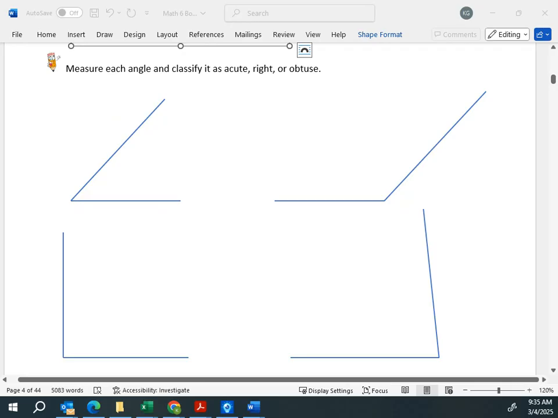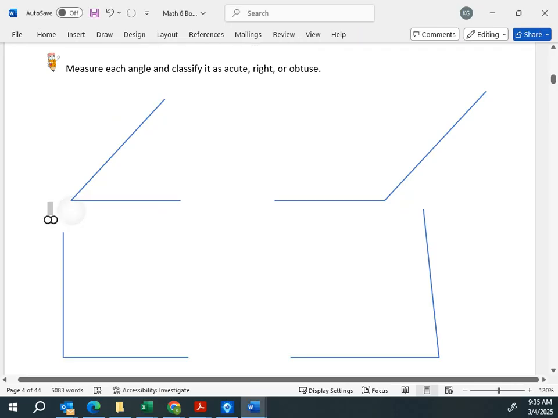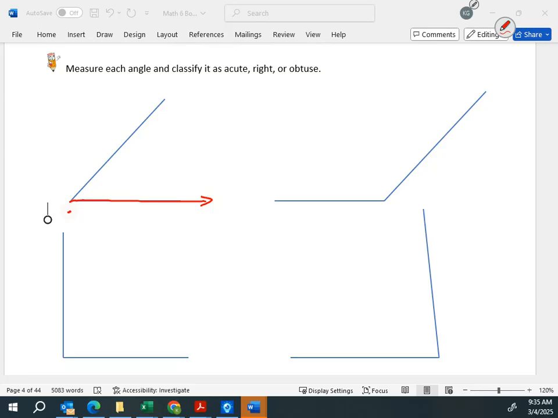The inside. So when you line up your vertex to the circle and line up your lines, this one is pointing the other direction. It is pointing to the inside 0, so you're going to use the numbers on the inside.